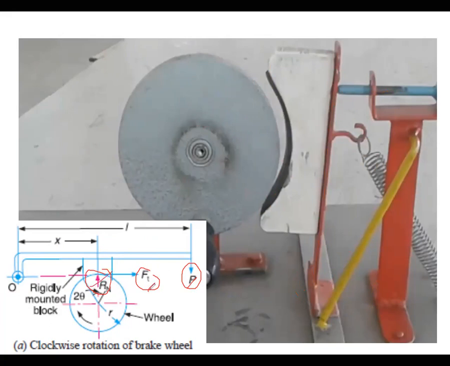Total three forces are acting, but two are vertical forces and one is a horizontal force: a downward vertical force, an upward vertical force, and a forward horizontal force. Three forces are there, right? So just note those forces.